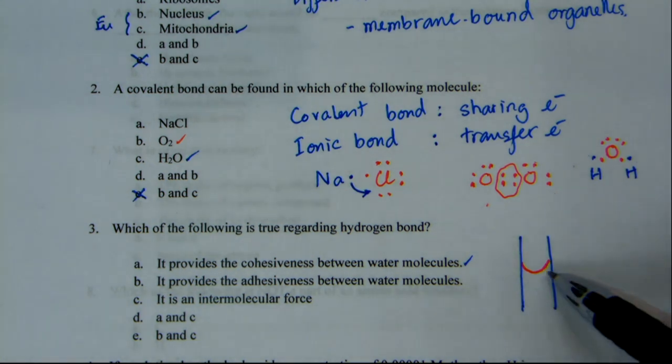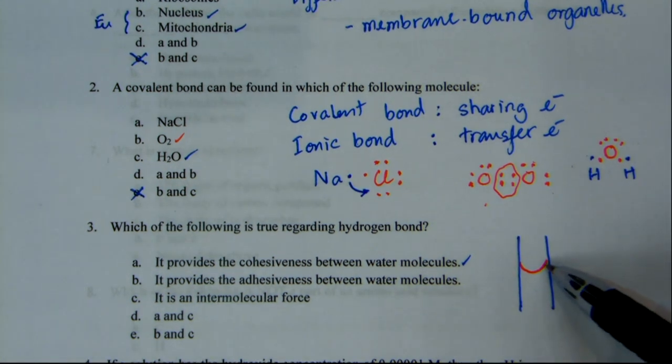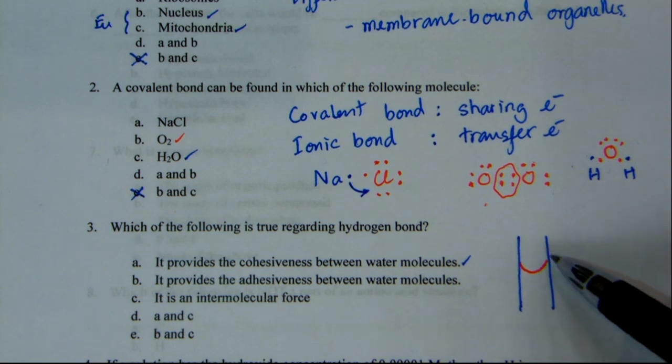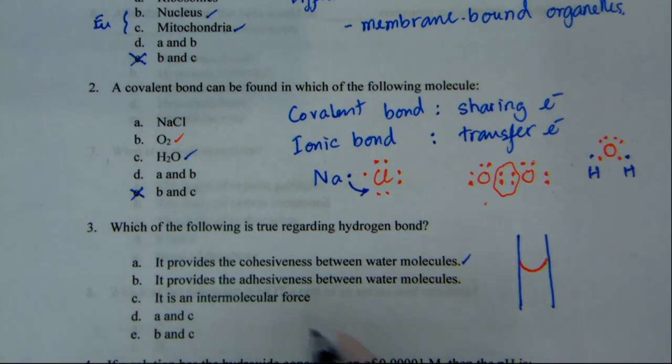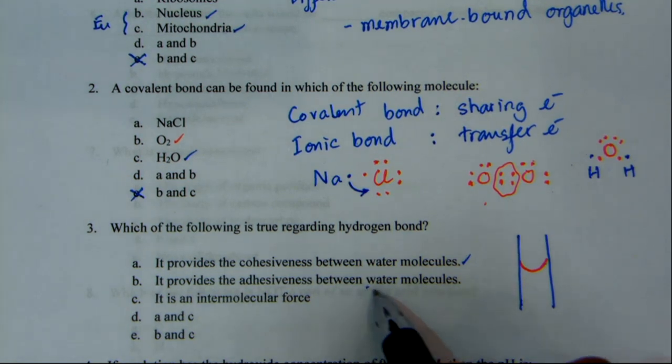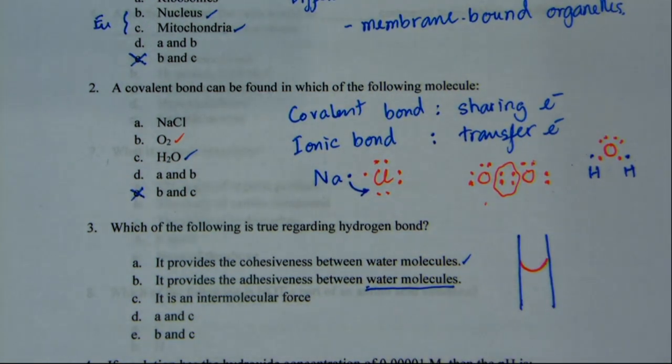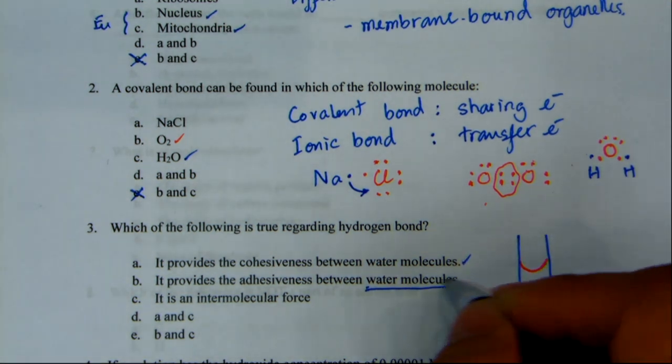So the surface of the water comes up a little bit just like that. So this one is not correct because it is not between water molecules. It's between water and other substances.